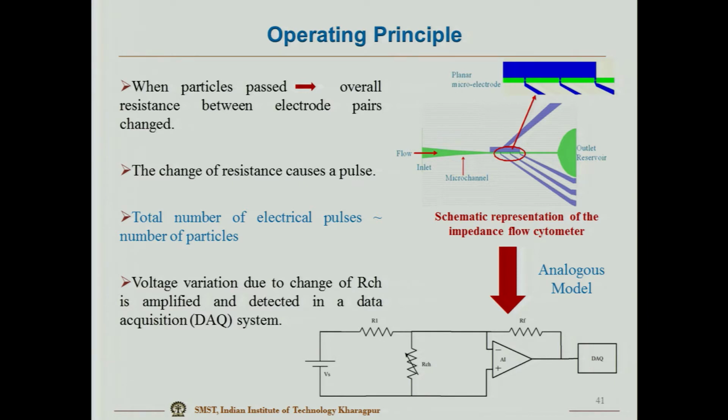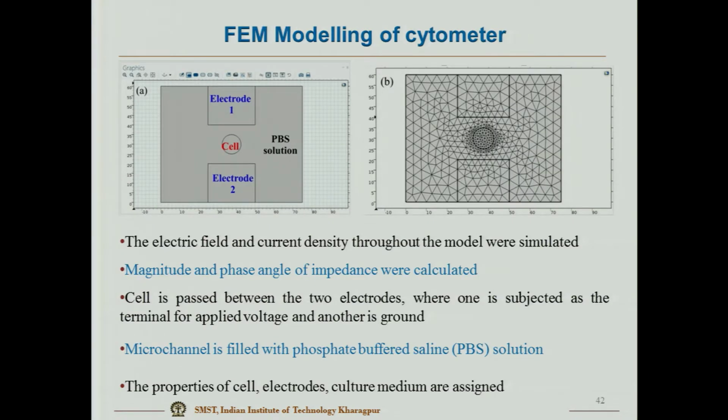So, analyzing that signal, you can get the characteristic features of the cells or the particle also, both the information you can achieve. And so, here we have used this kind of circuit, a very simple circuit, and using a DAC we have tried to capture the signals or count the signals. Okay.